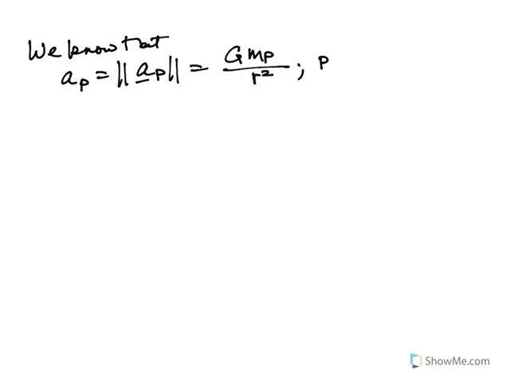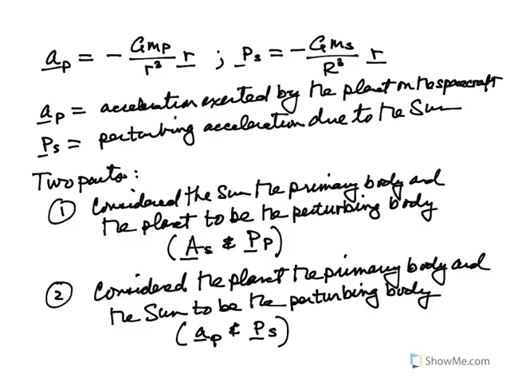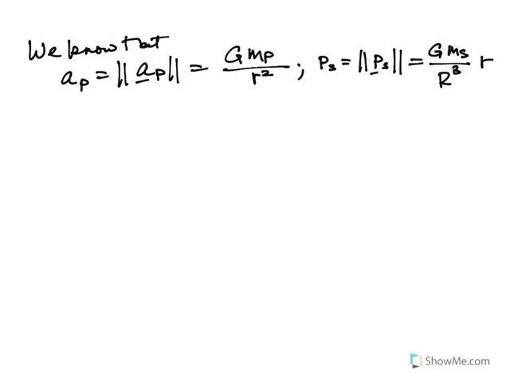We also know that the perturbation due to the sun, which is the magnitude of this vector ps, is equal to g times the mass of the sun, all divided by R cubed times r, where we have to be careful here, because if you look back, you'll actually see that these vectors are not exactly the same in this case. I've got capital R cubed and I've got a little r in the numerator in this P sub s, so as a result, that's what I wind up getting for the magnitudes.